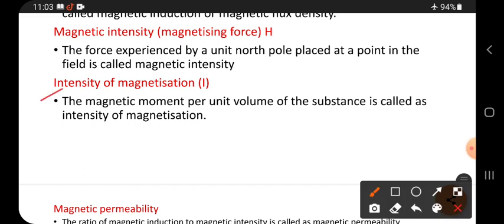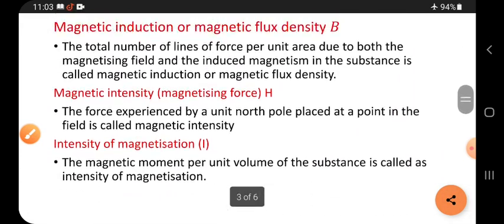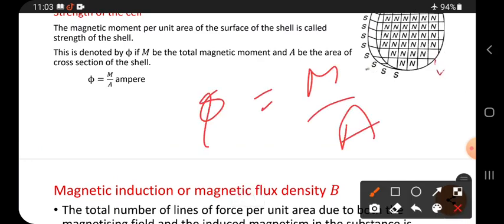Now, intensity of magnetization: magnetic moment per unit volume. Magnetic moment M by V. Magnetic moment per unit volume of the substance is called intensity of magnetization, so I can be written as M by V. Earlier I wrote pi is equal to M by A. Pi is M by A, but I is equal to M by V, magnetic moment per unit volume.